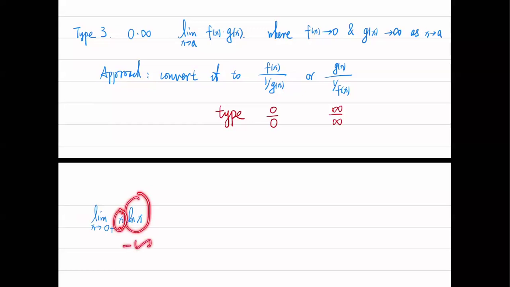So it's this type. We want to convert this to either 0 over 0 or infinity over infinity. Two choices, we see which one is easier.